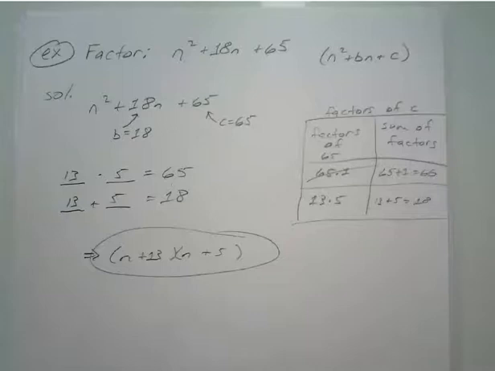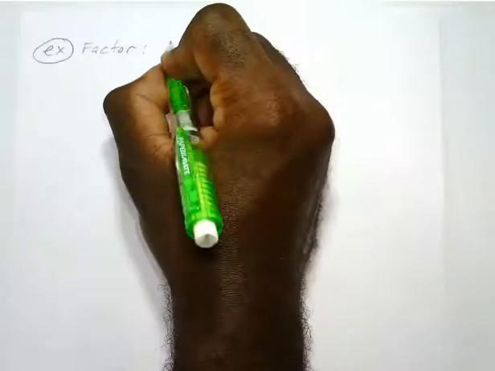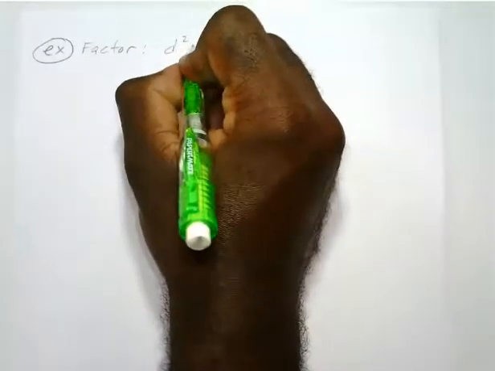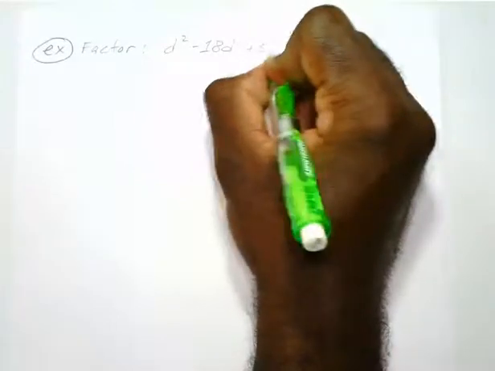Okay, so let's go ahead and do another example. If you're still writing, feel free to press pause. Alright, so let's say for this example, we wanted to factor d squared minus 18d plus 56.